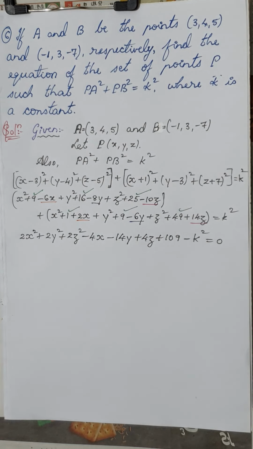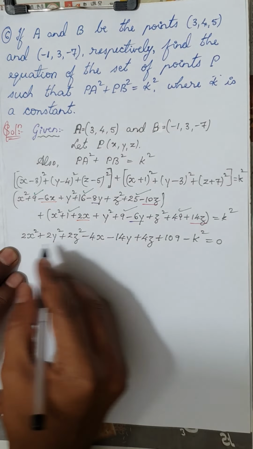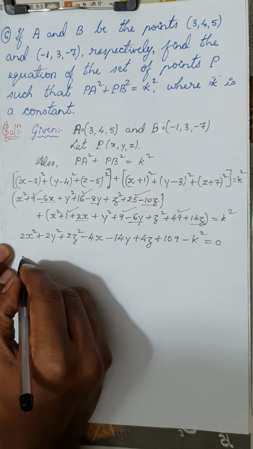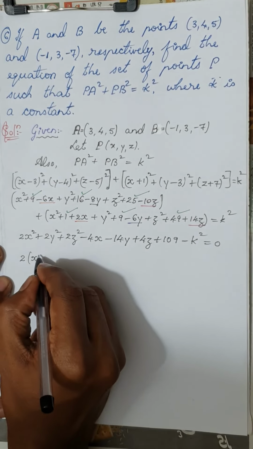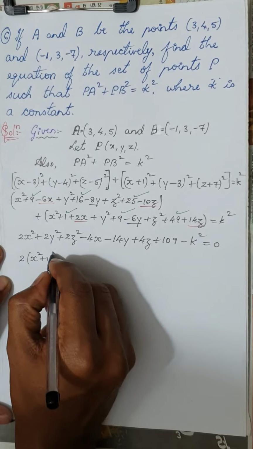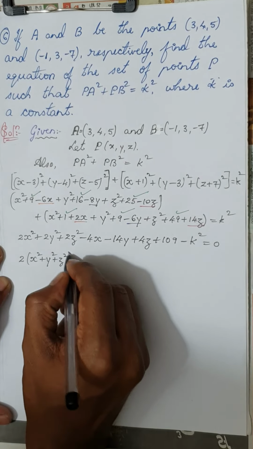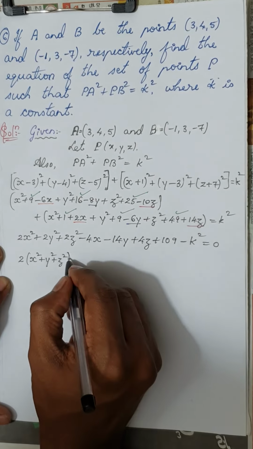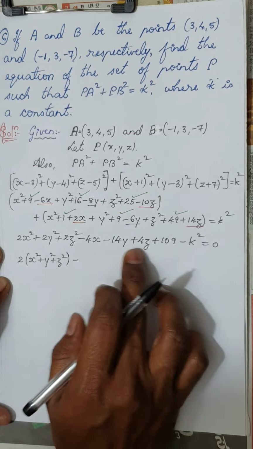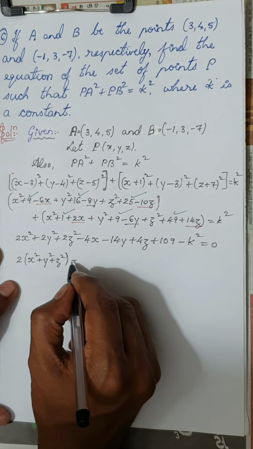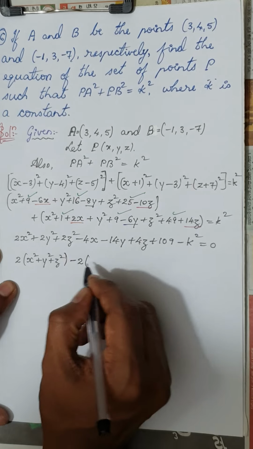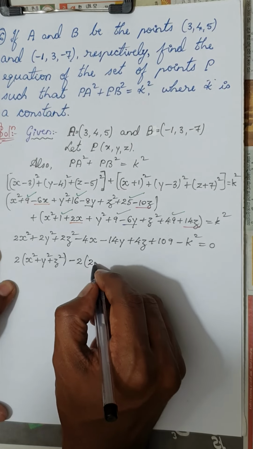Is it clear? You can actually leave it here, or if you want you can further simplify. In the 3 terms, 2 is common, so I can write 2 into x square plus y square plus z square. And in these 3 terms also I can take 2 common, so I'll get minus 2 times, 2 2s are 4x.